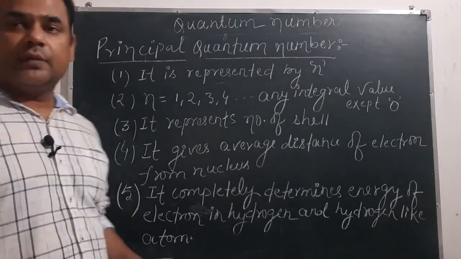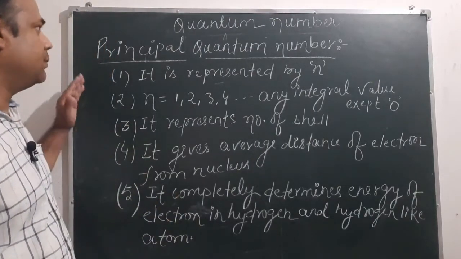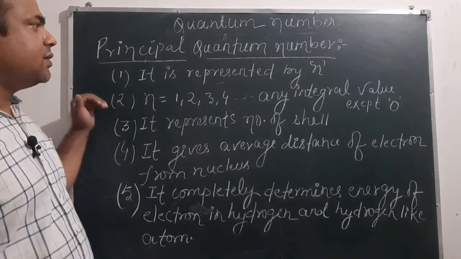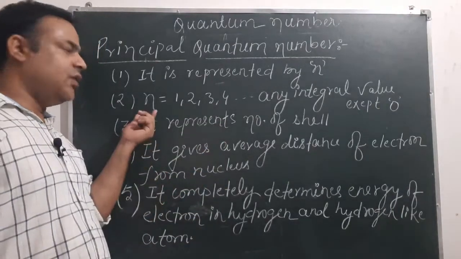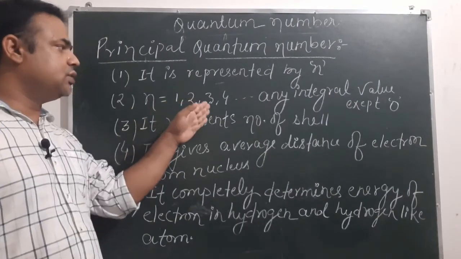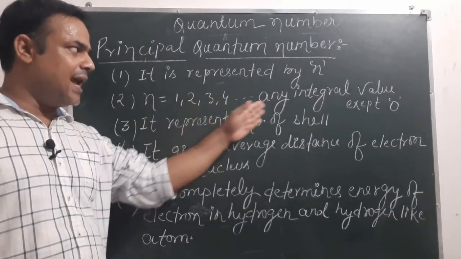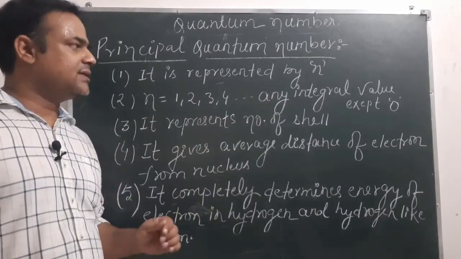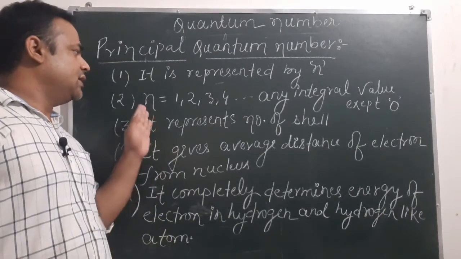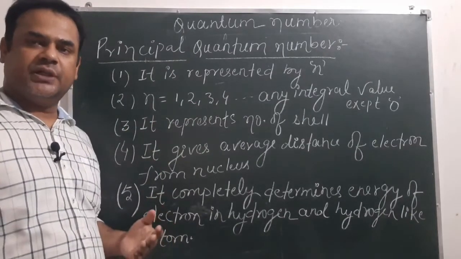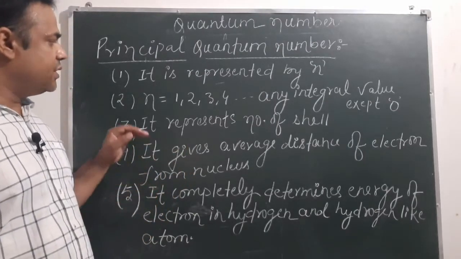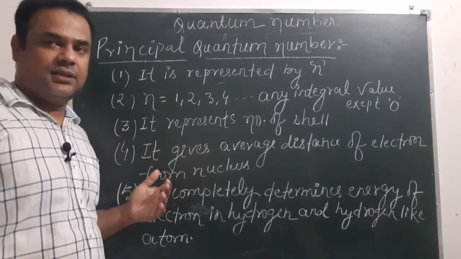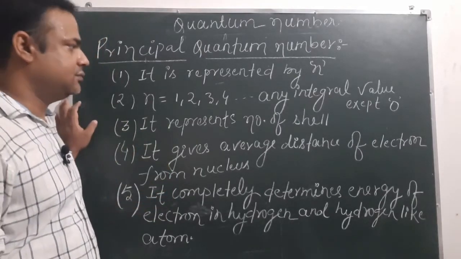So the first quantum number is the principal quantum number. Principal quantum number is represented by small n, where n equals 1, 2, 3, 4 or any integral value except 0. These 1, 2, 3 are also represented by the alphabets K, L, M, N, O, P, which represent the number of shells in any atom.